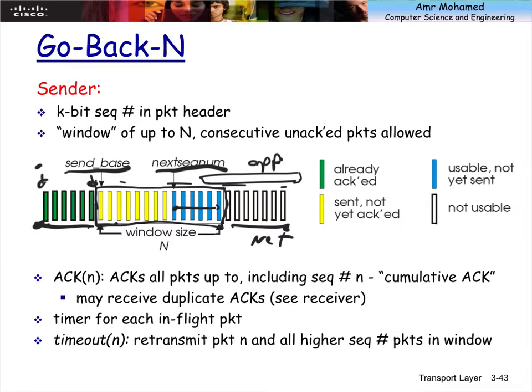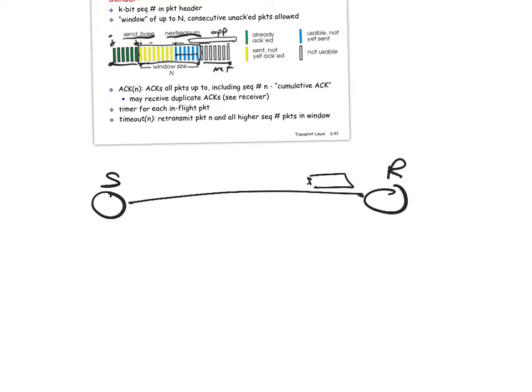Why is this bad? As we said last time, if we have a sender and we have a receiver, and then the sender sent the segment, the receiver sent the acknowledgement, and the acknowledgement was lost, so the sender sent the packet again.